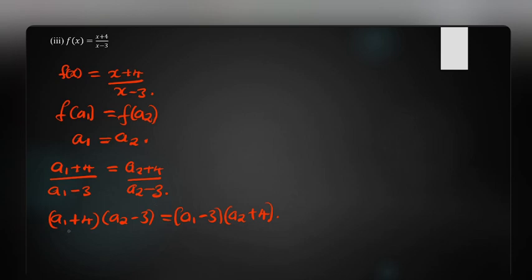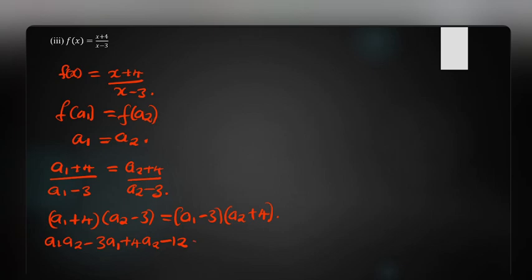So from here, you start multiplying a1 times whatever we have. So a1 times a2 is a1a2. Then a1 times negative 3 is negative 3a1. Then 4 times a2 is positive 4a2. Then 4 times negative 3 is negative 12.